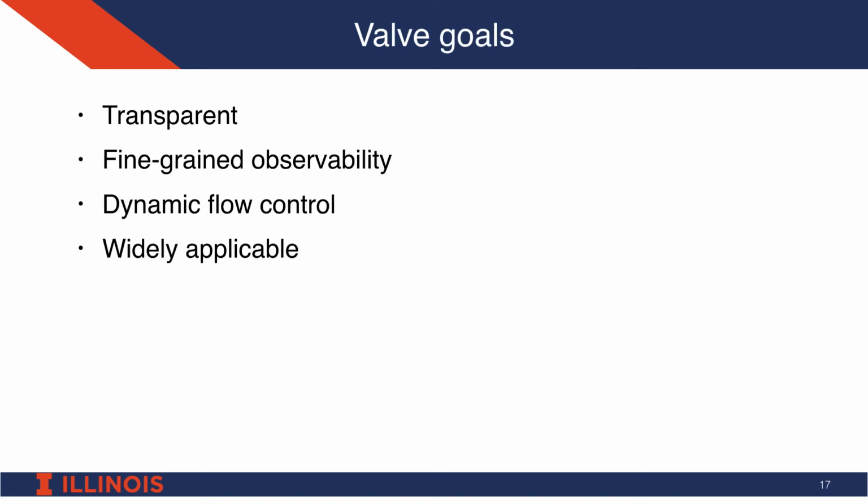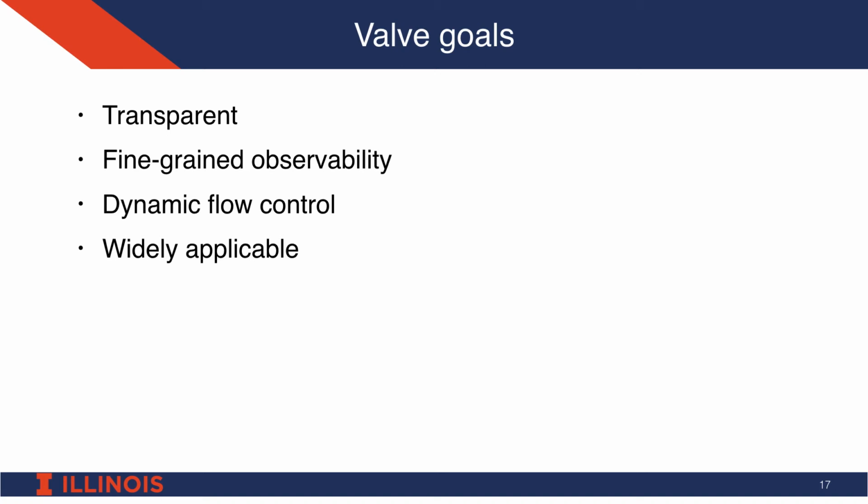The goals of our system are that we want our system to be transparent to the serverless functions so that no modification or instrumentation is necessary to the functions. Valve should also offer us a closer look at the interactions within a serverless application as a whole and should provide fine-grained observability.